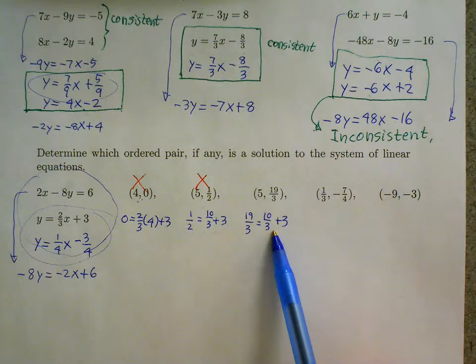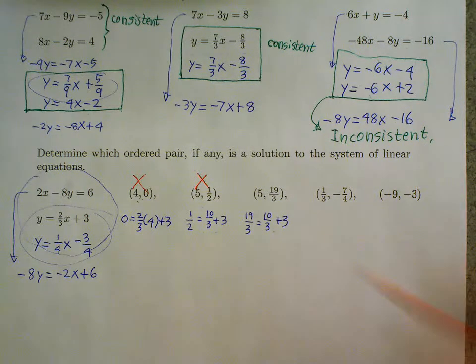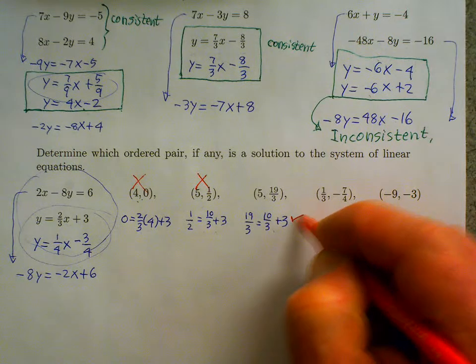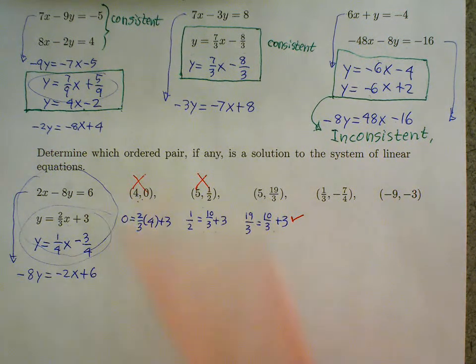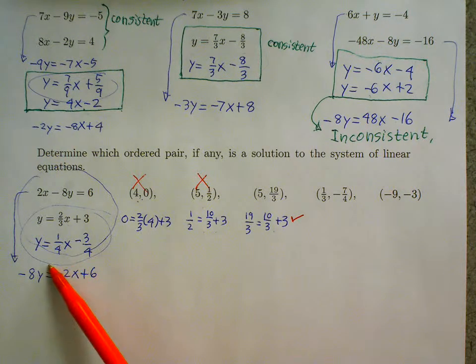This time we get a true statement. This is true. But in order for this ordered pair to be a solution to the system, it has to also be a point on the other line. So we have to test this ordered pair with the other line.